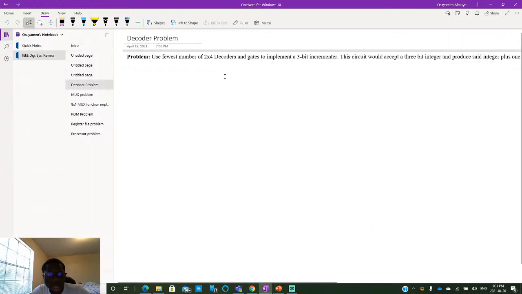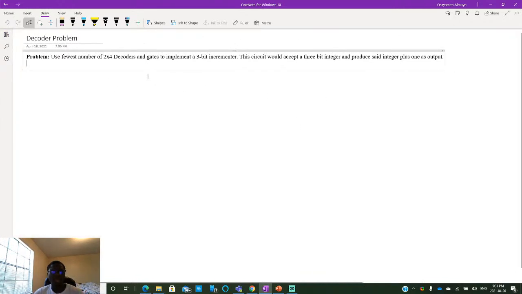Okay, very good. I do not know if this is completely visible, but we have this. Use the fewest number of 2 by 4 decoders and gates to implement a 3-bit incrementer.